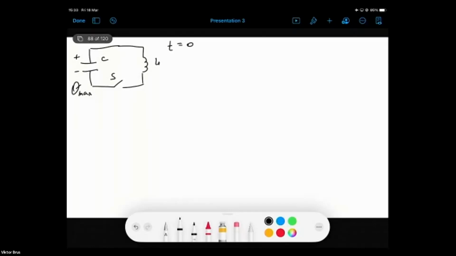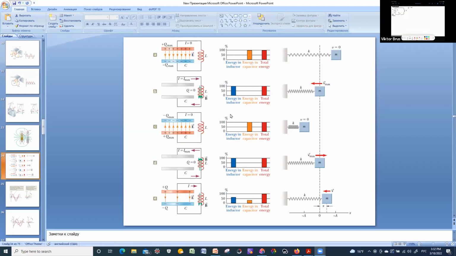So what will happen? It will be good to share my screen so you have better visualization of these processes. Let me share screen with you.